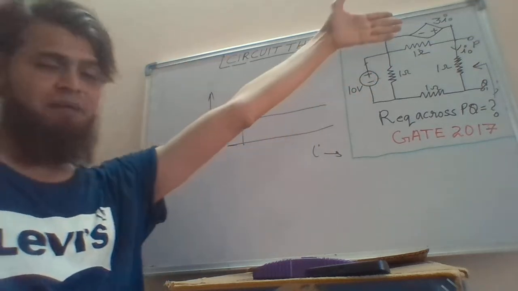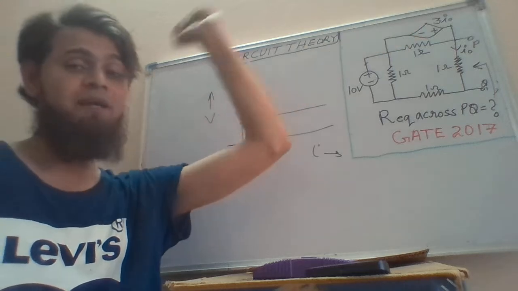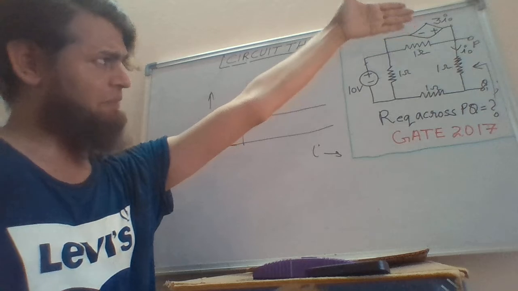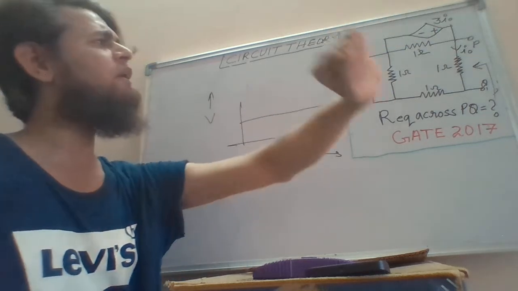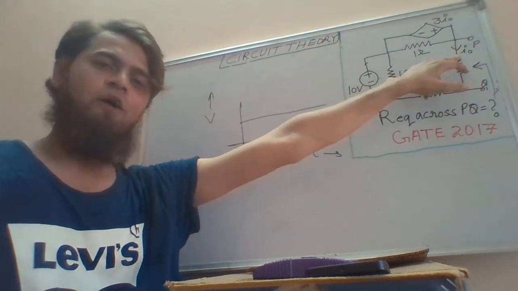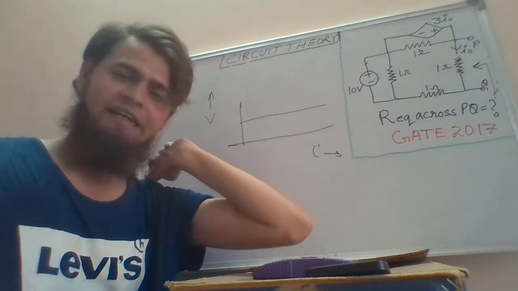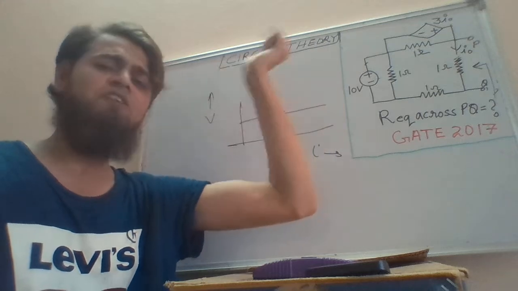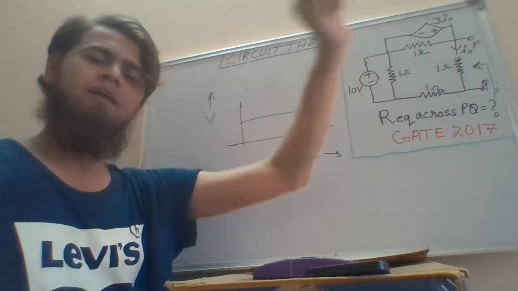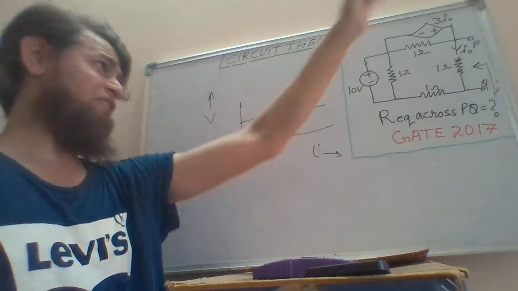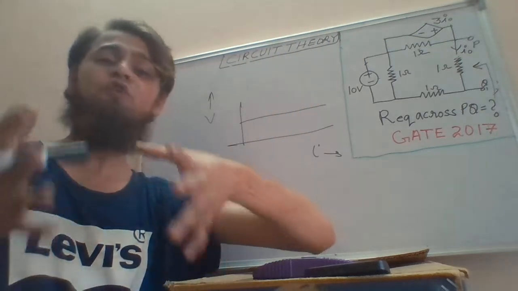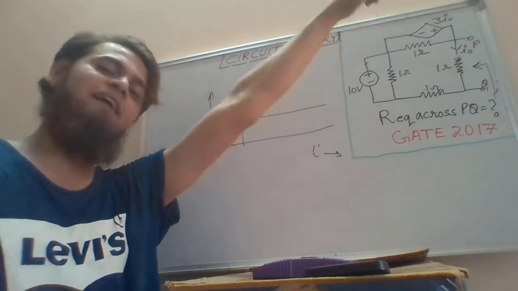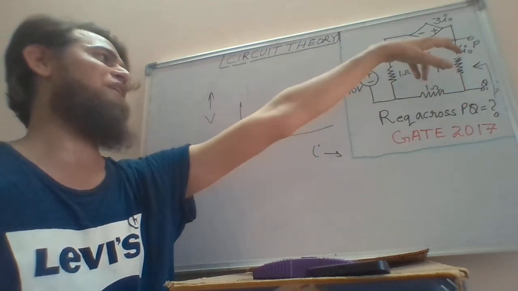Now, what would we like to say about this dependent battery? It is pretty much visible that this dependent battery depends on the current I naught. If we double the current I naught, let's say the current I naught is 2 ampere, then this battery shall provide the potential difference of 6 volts. If I naught is 4 ampere, this battery shall provide the potential difference of 12 volts. So this battery linearly depends on the current of this branch.